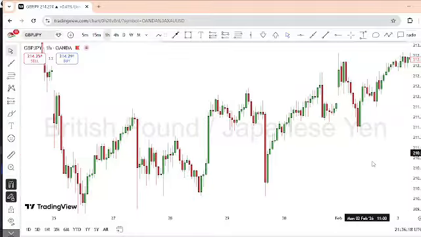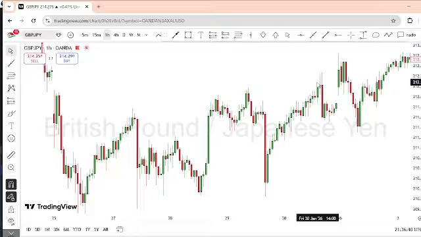Those are the nicknames, the slang way of calling these instruments. Like somebody says UJ, that's USD JPY, or GBP USD.